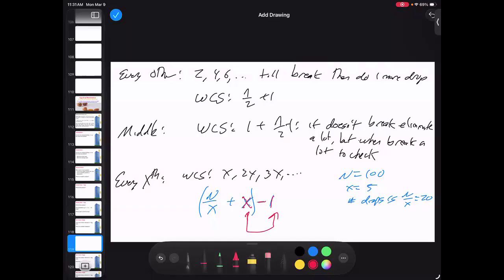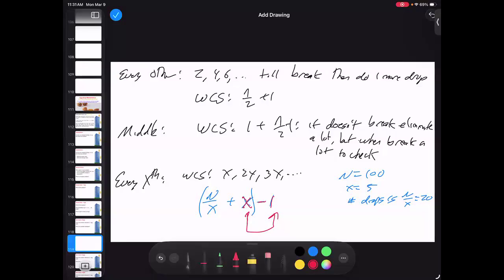But I'm choosing mentally to group the x with the n over x. And the reason is, as I change x, the first part, n over x plus x, changes. The minus 1 doesn't change. That's a fixed cost. So in terms of how I analyze this, I want to find what value of x makes this as small as possible. I don't really care about the minus 1.